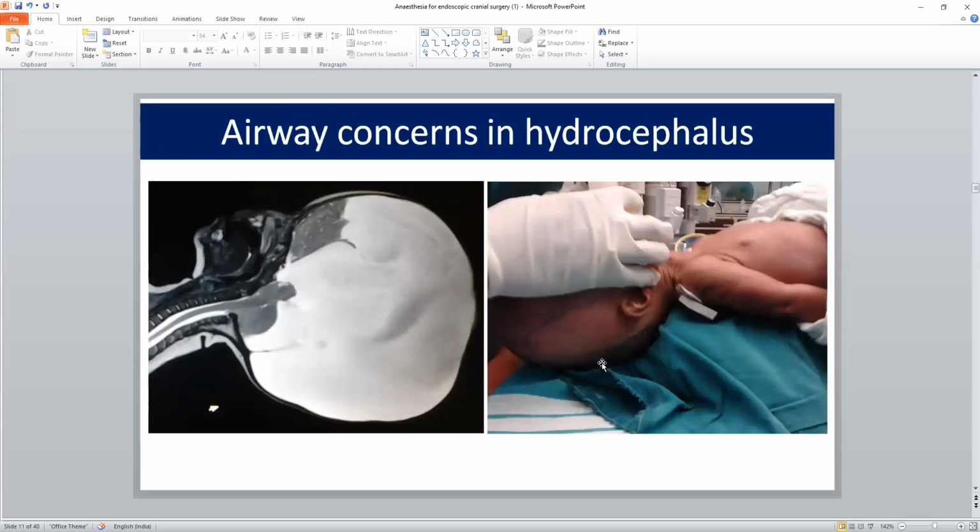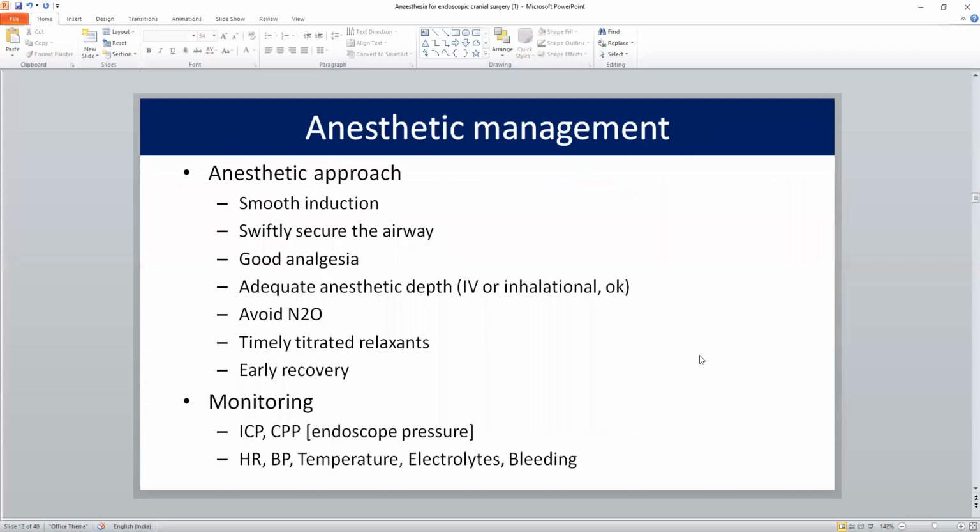Now, as I mentioned, airway management is a concern in a child with large hydrocephalus and minimal brain matter, and you need to modify the techniques over and above the routine management. Here we have ramped up so that the head rests on the bed and the patient's body is elevated so that the laryngopharyngeal axes of intubation are in line, and it becomes easy.